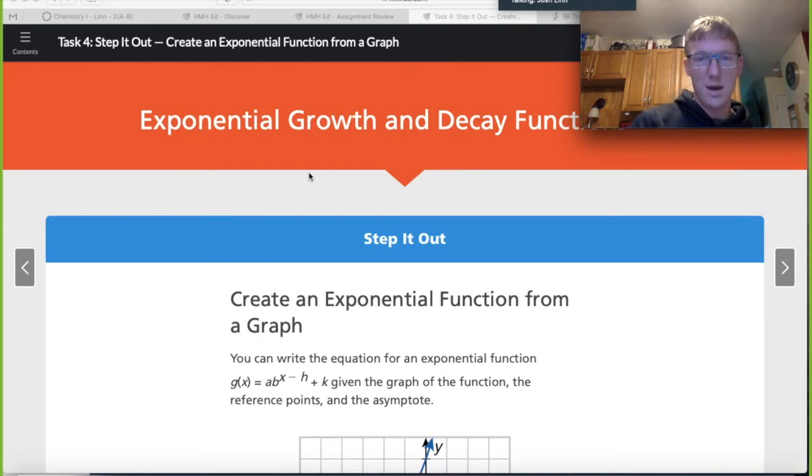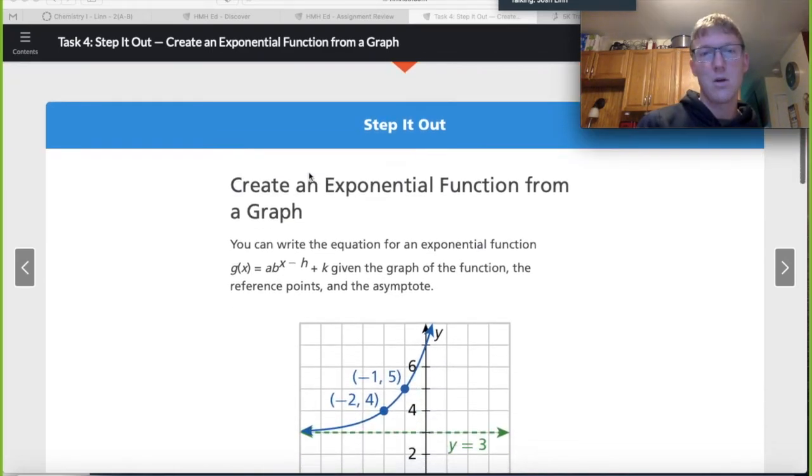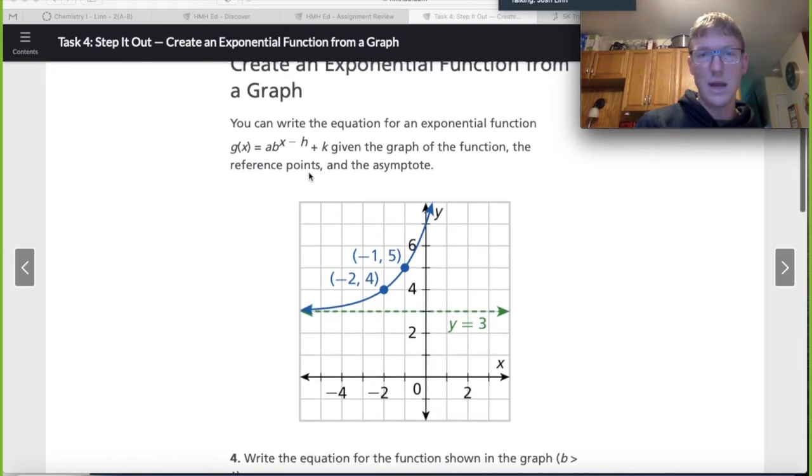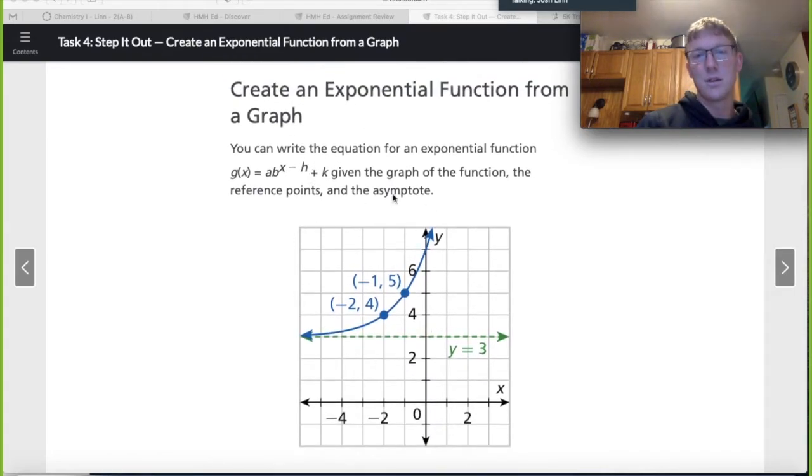So anyway, we have learned about exponential graphs. We have created a graph based on a function. Now we're going to try to create a function based on the given information in this graph. So we've got 2 of our reference points.